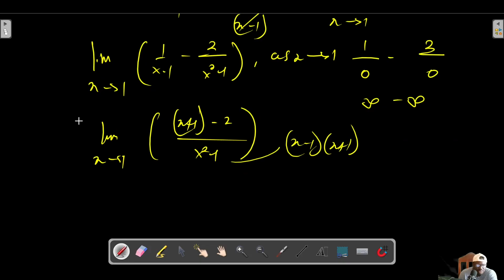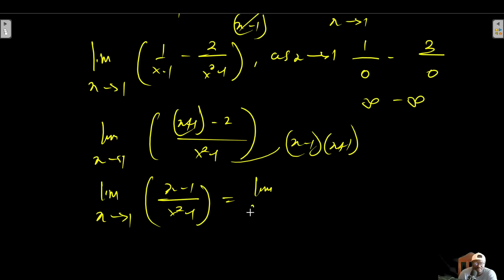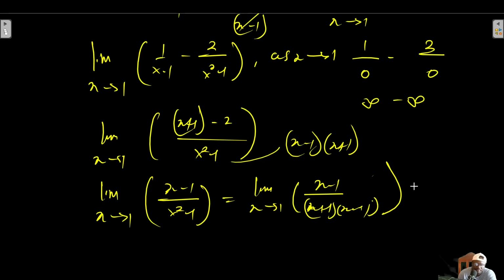So what will be our answer now? We are going to end up with the numerator being x minus 1. The denominator will be x squared minus 1. So from here, it is simple. I can write the denominator as a difference of two squares: x plus 1, x minus 1. Now this cancels this.